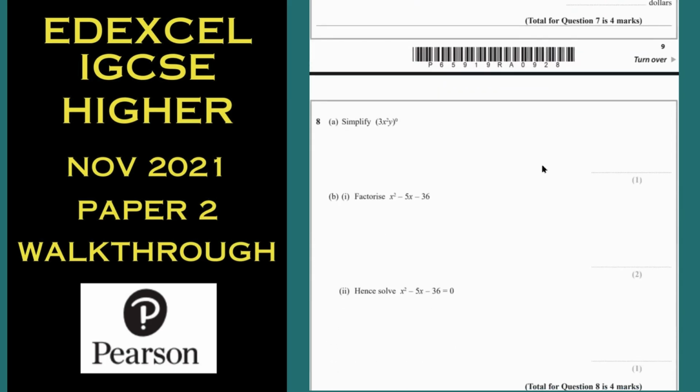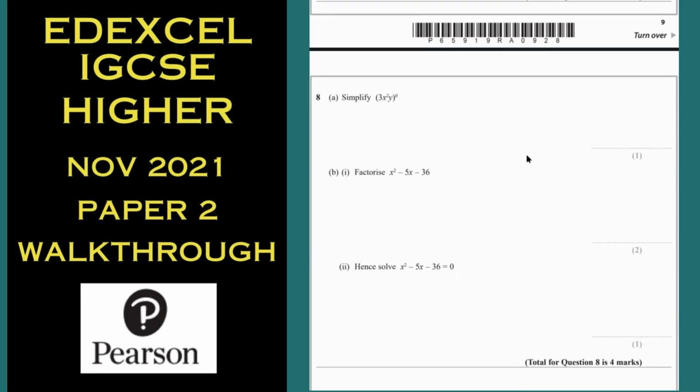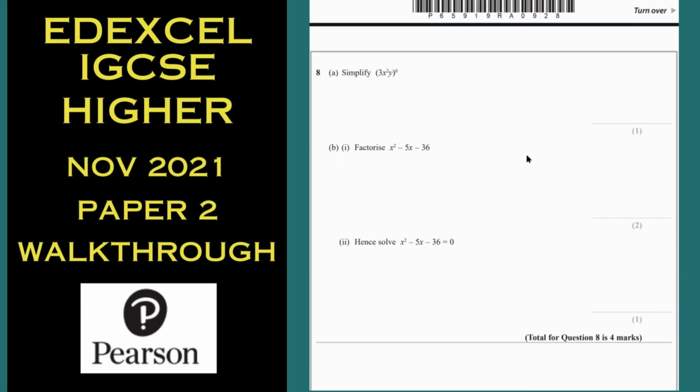On to a bit more laws of indices. For part A, anything to the power of 0, I don't care what it is, it's 1. Part B, we are factorising a quadratic. Your job is to think of pairs of numbers that multiply together to make minus 36, but add together to make negative 5.